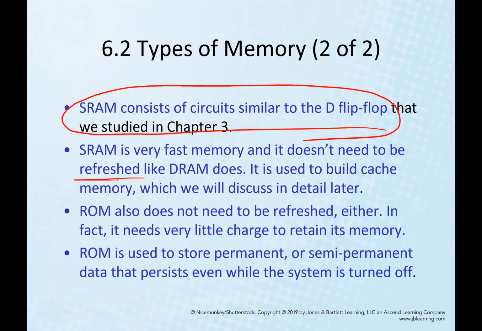It is more expensive, and we need to pay more to buy SRAM compared to DRAM. But still we use SRAM to build cache memory because cache memory needs to be very fast. That's the reason why we use SRAM for cache memory.